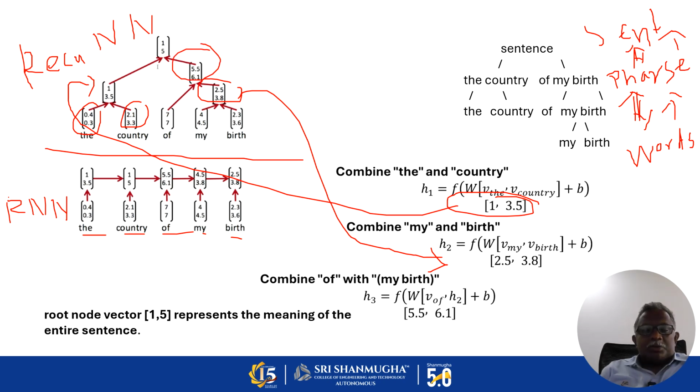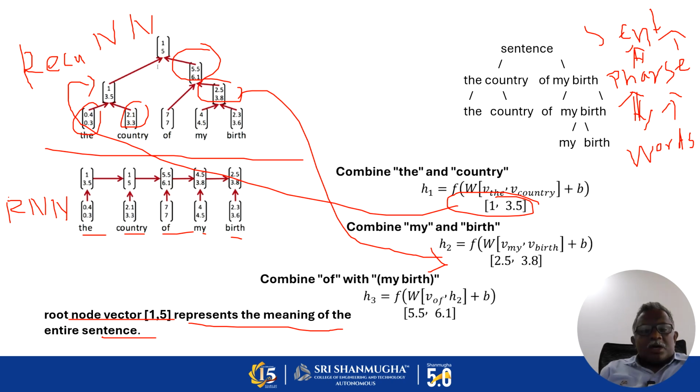When you combine "of" and "my birth," it will give you these values. When you combine both, the entire sentence, "the country of my birth," is represented in 1, 5. So this is the way it works.